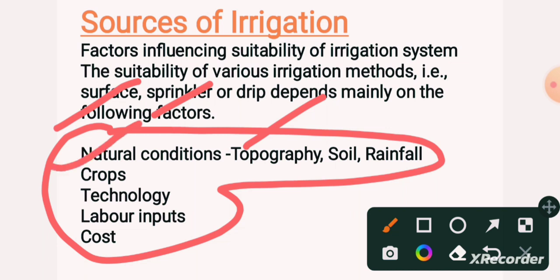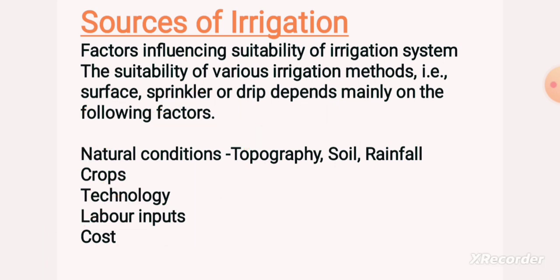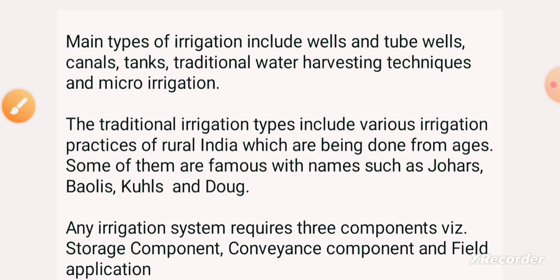In the natural conditions there are topography, soil, and rainfall, meaning how much rainfall there is, what the topography is, and which type of soil is there. These are the factors responsible for which type of irrigation is suitable for an area. Technology, labor, and cost are also major factors for applying the types of irrigation in that area.